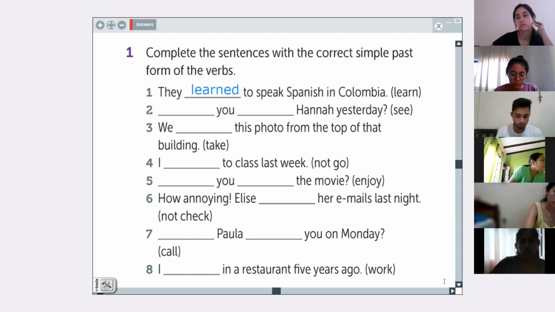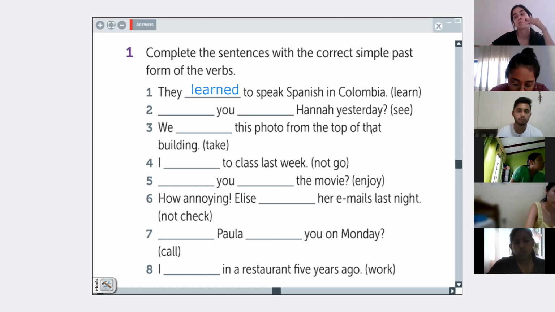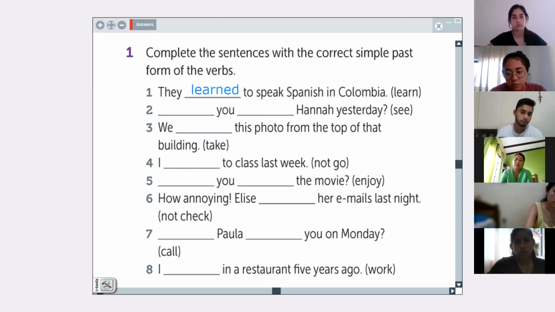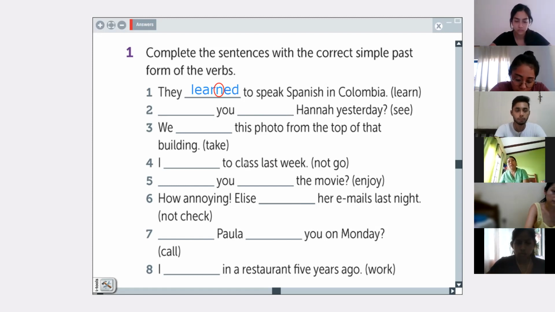Cuando tienen la T y la D. Very good. ¿Aquí tienen la T o la D antes de la ED? No. Entonces, ¿cómo sería la pronunciación? Learned. Learned, right? Very good. Thank you.